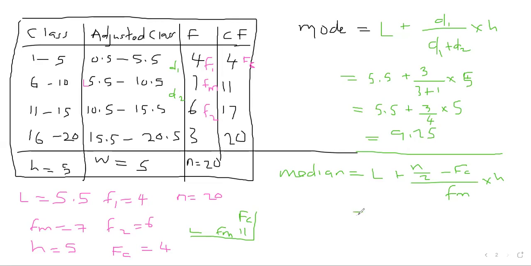So our L is 5.5, our N over 2, 20 over 2, is 10. Our FC is 4, our FM is 7, and our height is what? 5. So 10 minus 4 is 6. 6 times 5 is 30. 30 divided by 7 is what? 4.28 or 4.286.